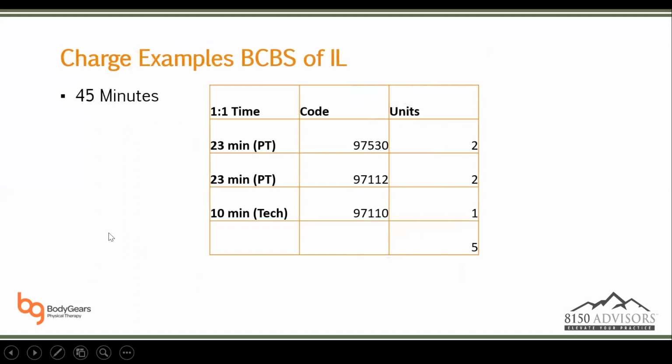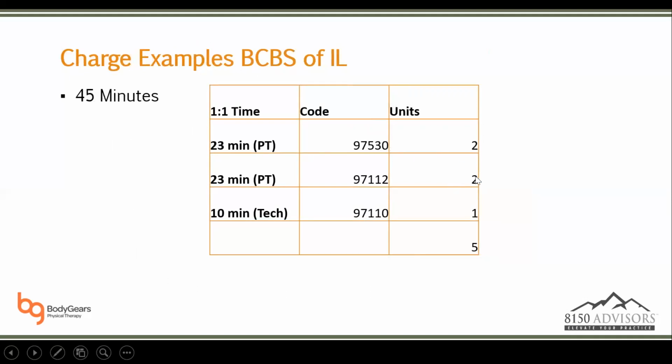So I'll give you just an Illinois example for illustrative purposes. So a 45-minute slot, Blue Cross of Illinois pays you incrementally, and so the patient spends 23 minutes with the PT doing Therapeutic Activity and 23 minutes with the PT doing neuro-re-ed. Both of those meet that midpoint threshold for 2 units.